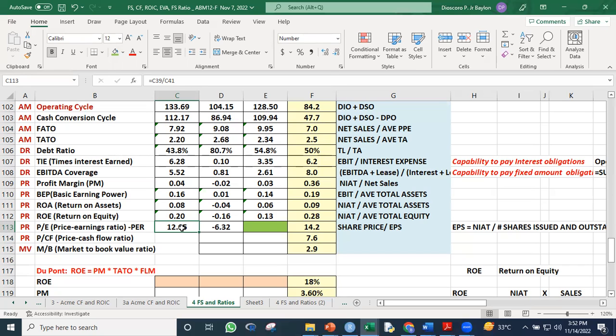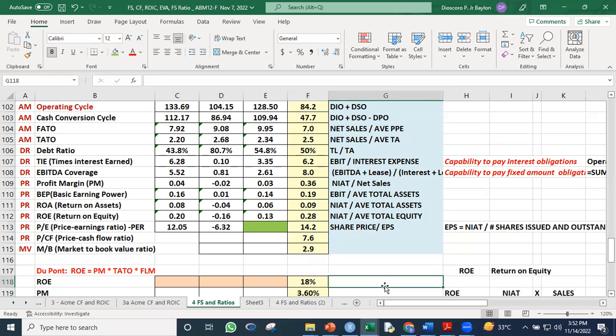For every 1 peso of earnings you'll get from the company, 1 peso per share. And we can see here that pag mataas to, ibig sabihin mahal. Mahal yung presyo ng company pag bibilhin mo. Bakit mahal? Ito 12.05, ibig sabihin nun, you should be ready to pay the company 12.05 for every 1 peso that you're getting from them. Okay?